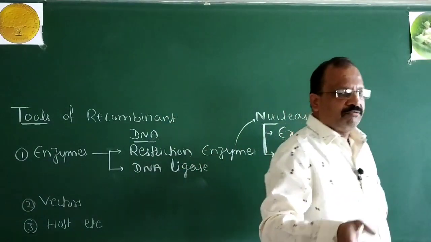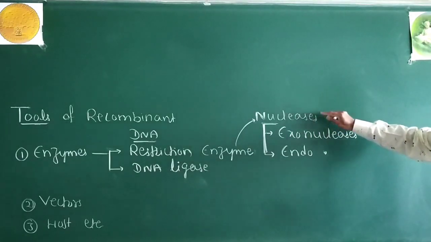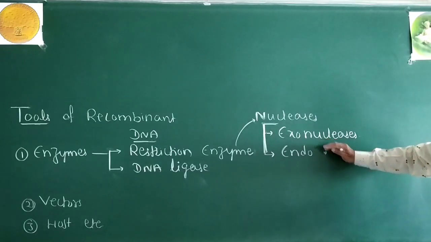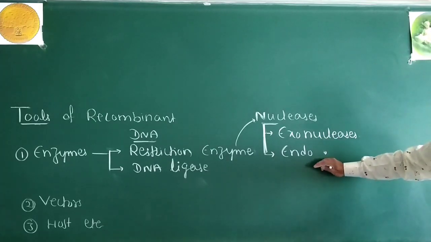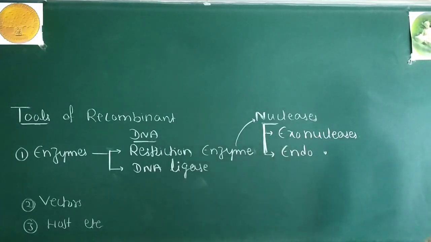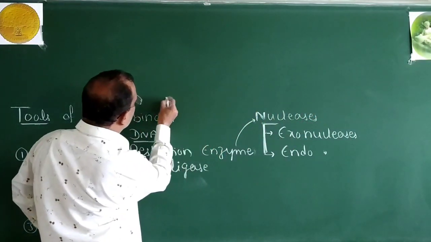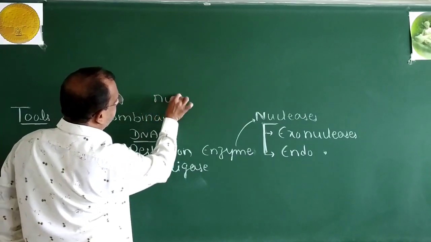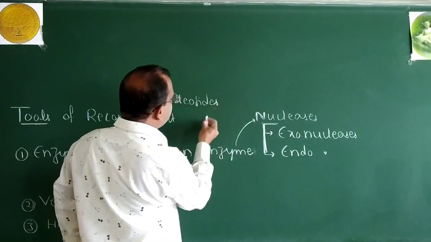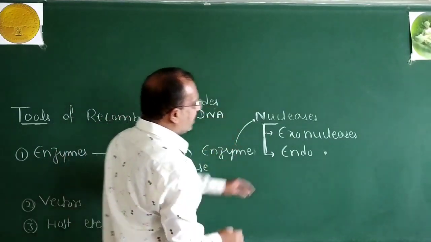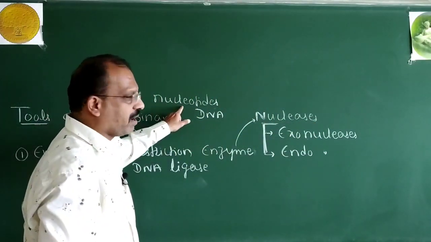They are of two groups: exonucleases and endonucleases. Exonucleases will remove nucleotides. It will remove the nucleotides from the end of DNA.